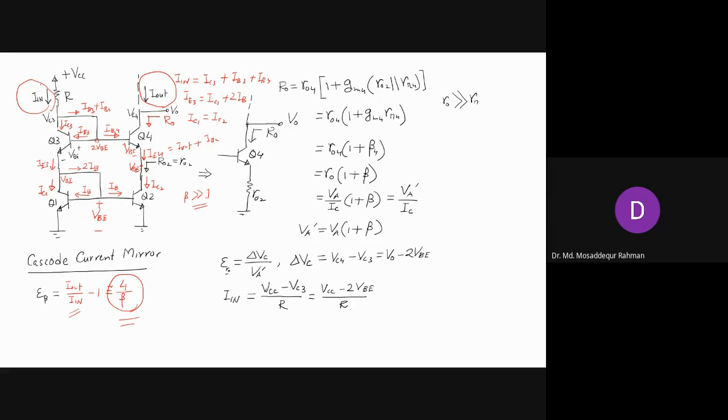And this is only logical. This makes sense because I in is supplying the base current for the 4 transistors: these two coming from this side, and also these two coming from I in. So you get 4 by beta. We have shown in the basic current mirror that the error is equal to n by beta, where n is the number of transistors. Okay. Yes, sir.